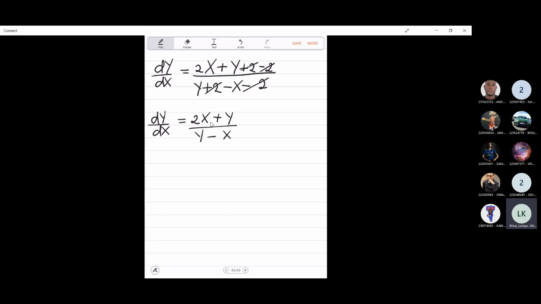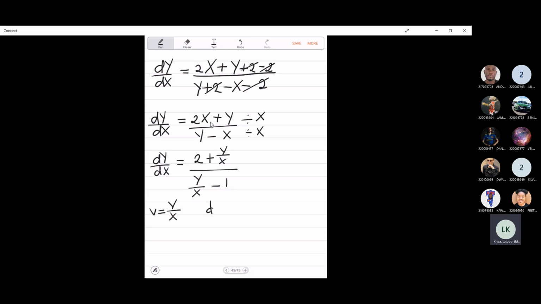So I can divide this by big X, divide by big X. So I get dy dx. This is 2 plus y over x, and then y over x minus 1. Then my usual substitution, v is equal to y over x.